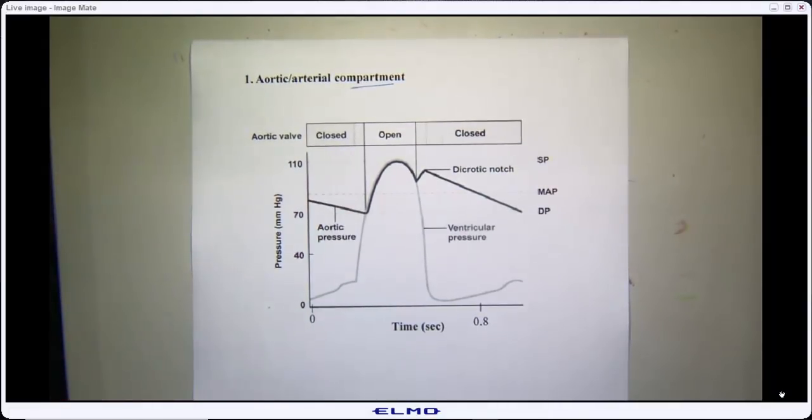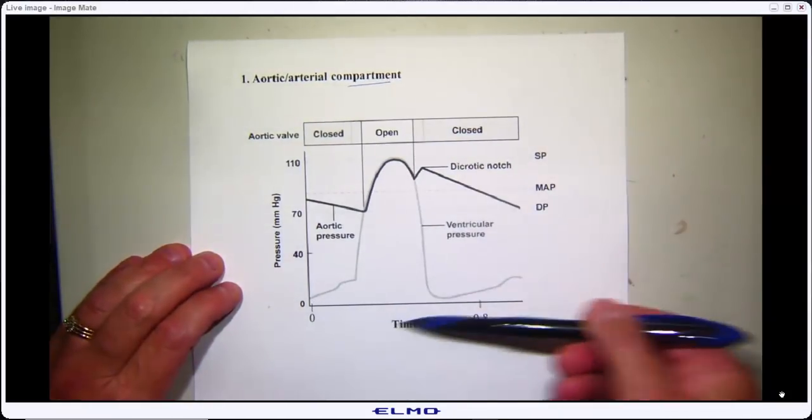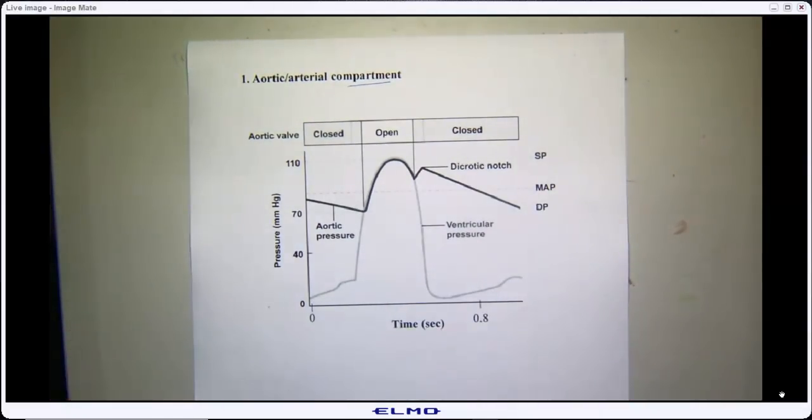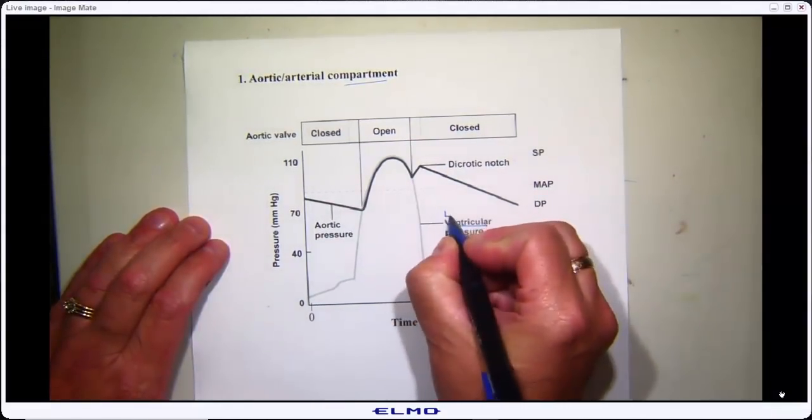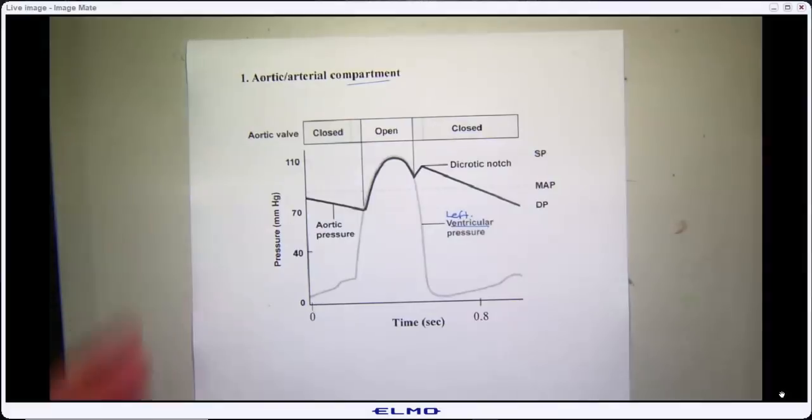Now we've seen this relationship before. We've seen this pressure relationship over time with the left ventricle. Okay, so this is left ventricular pressure that's on here, so this shape should look familiar. Okay.